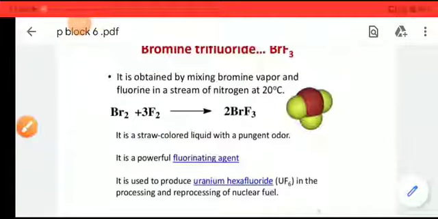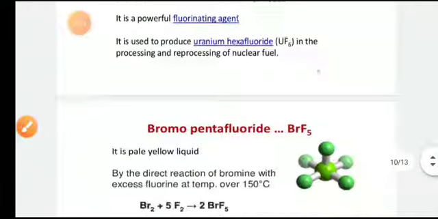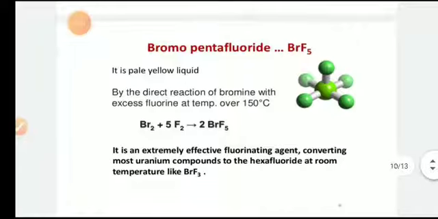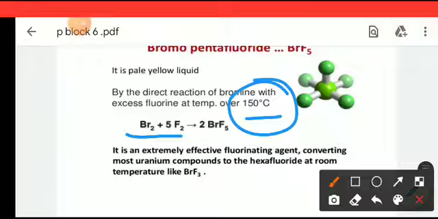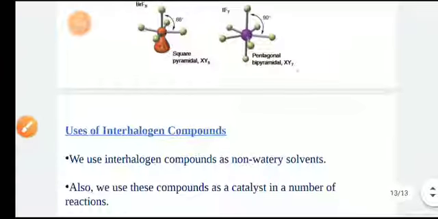In the case of pentafluoride, bromine and fluorine combine directly to form BrF5 at about 150 degrees Celsius. So from all of these reactions we can prepare interhalogen compounds by combining two different halogens directly, but at a suitable temperature. The suitable temperature is much more important.